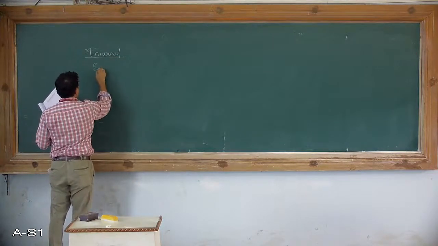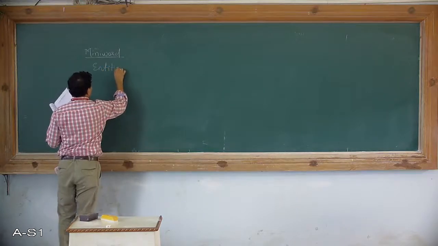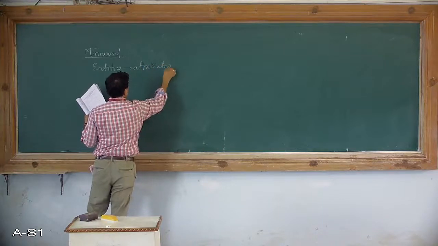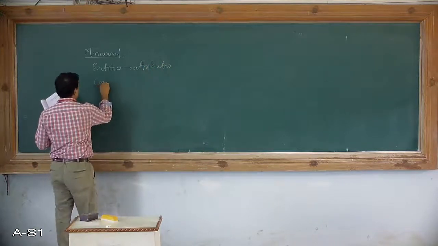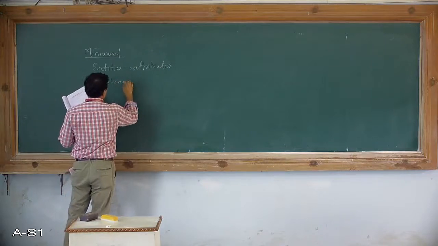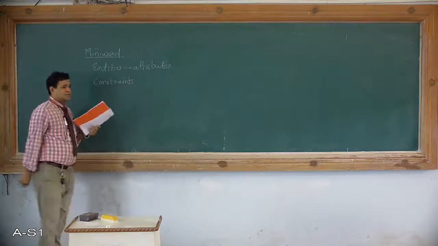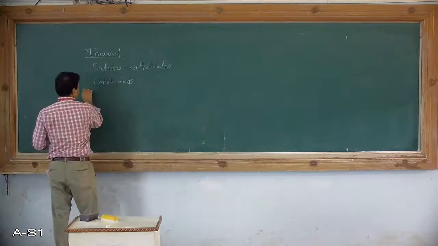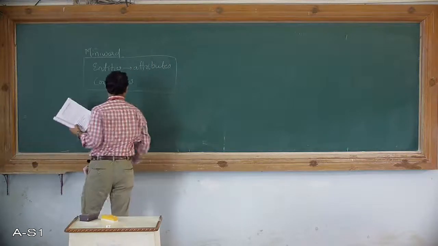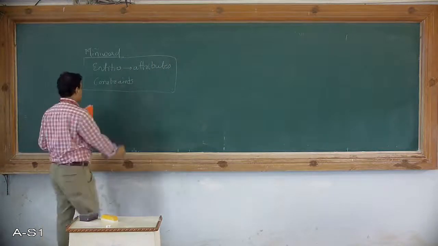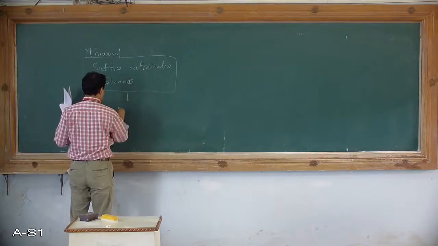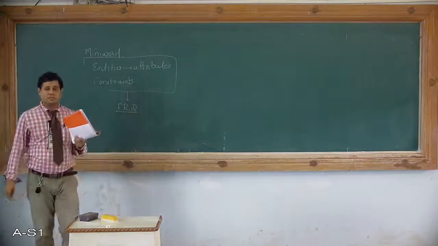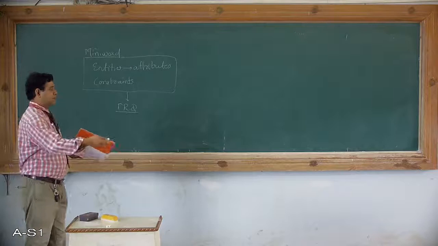It contains entities, in turn attributes, and then there are constraints. Constraints in the sense of the environment in which they operate. Everything together forms the mini world, and this we show diagrammatically, which we call an ER diagram. So we are showing it with respect to an entity relationship diagram.